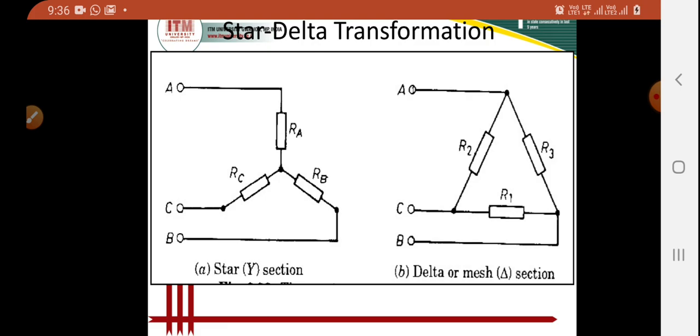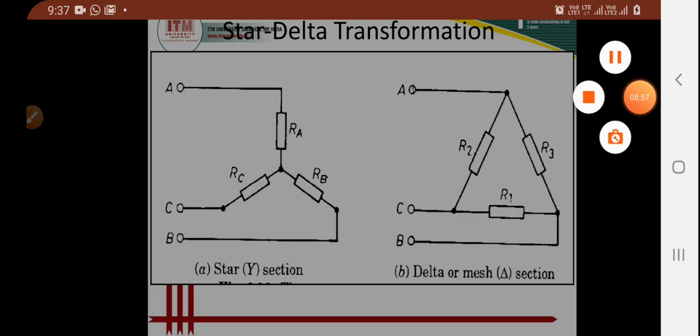These circuit transformations allow us to change the three connected resistances or impedances by their equivalent measured between the terminals. In this circuit it may be the terminal between A and C, or between A and B, because these are the terminals when we are making the star connection or delta connection.